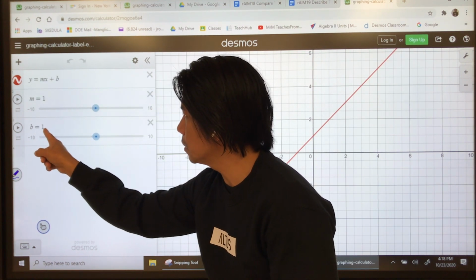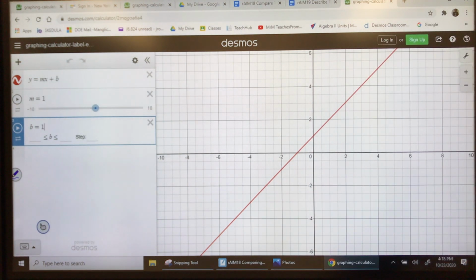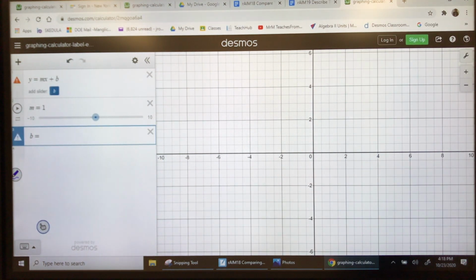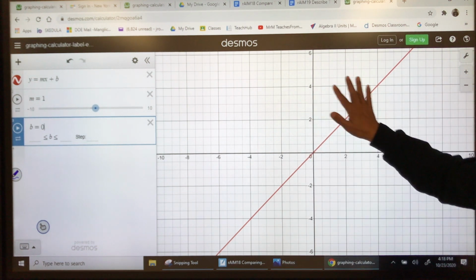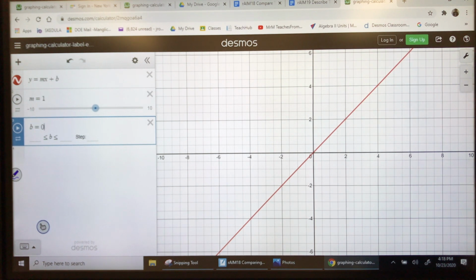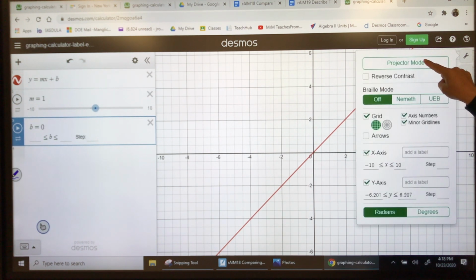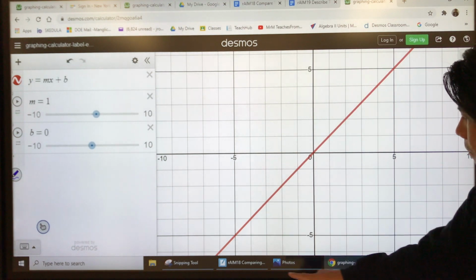So we need to change that to 0. There you have it. Now the graph that you see is the parent graph of a linear function. Let's click that wrench to make it thicker. There you go. So that is the parent graph.